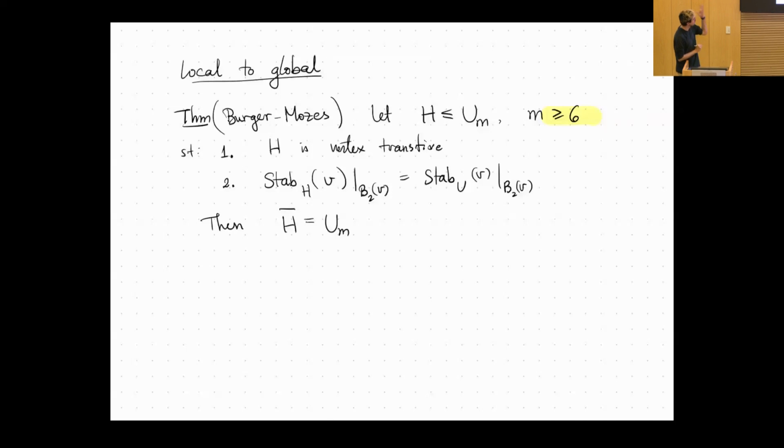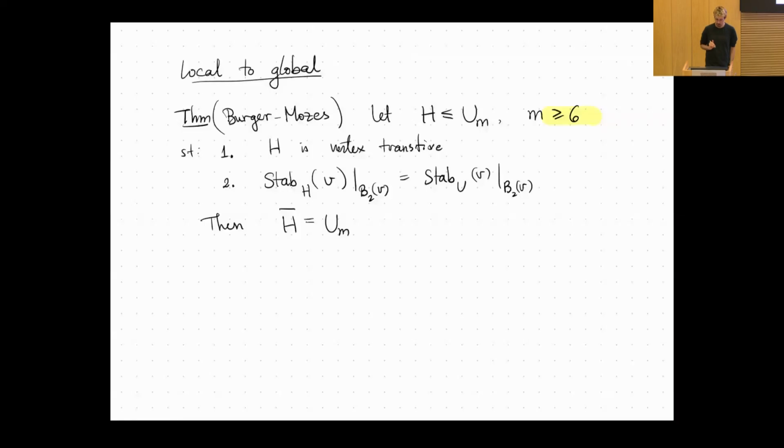Okay, so what we have here is a global condition, right, and a local condition. And what we get is a very strong global result, which is that H is dense in UM. Okay. So what this means is that for our purpose of building a simple BMW, the only thing we have to do is guarantee that our BMWs will be vertex transitive.